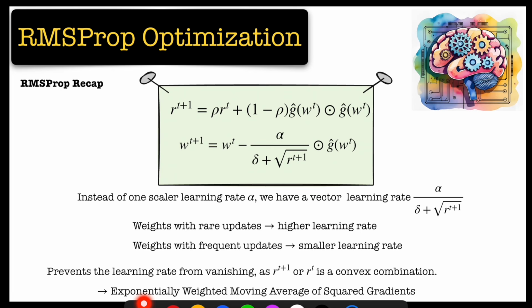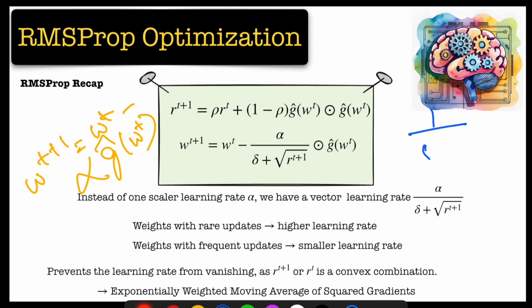Earlier, in vanilla gradient descent, we had Wt minus alpha times the gradient. So here, instead of just the simple alpha, we have alpha divided by this term, 1 over delta plus the square root of Rt plus 1.